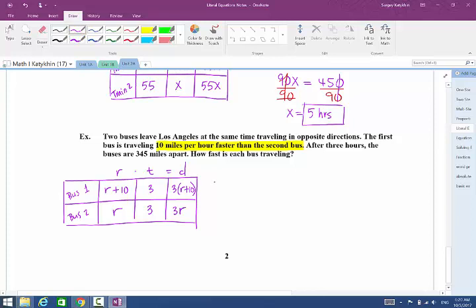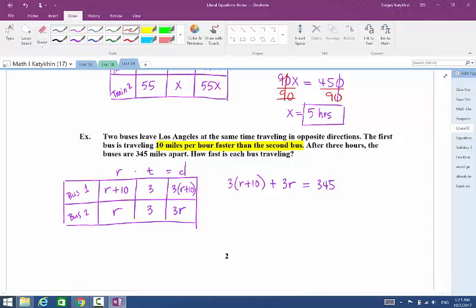So now we have to solve this problem. It says after 3 hours, the buses are 345 miles apart. Remember, it's the first distance plus the second distance. So I have the first distance, which is 3 times R plus 10, plus the second distance, which is 3R, is equal to, how far are they apart? 345.